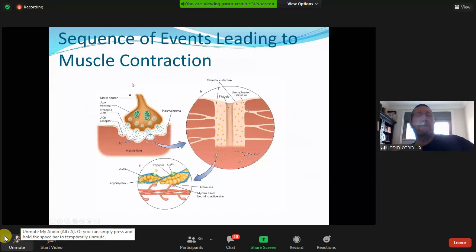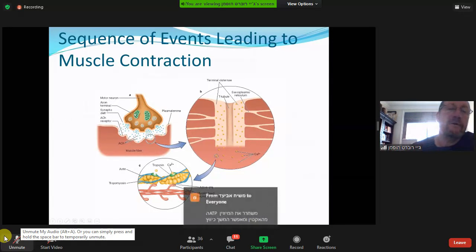So let's talk about the sequence of events that leads to muscle contraction. The action potential moves along the length of the nervous system, from the central nervous system to the peripheral nervous system. It gets now to the neuromuscular junction. The nerve here, and this is the presynaptic membrane, the synaptic cleft, the postsynaptic membrane here.